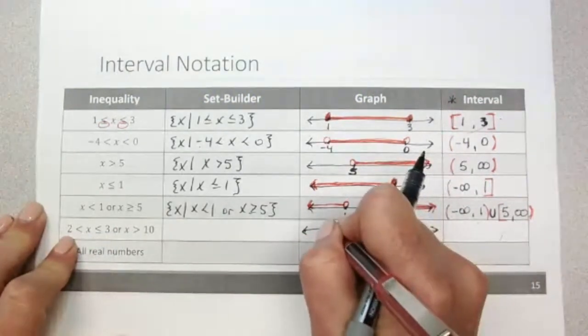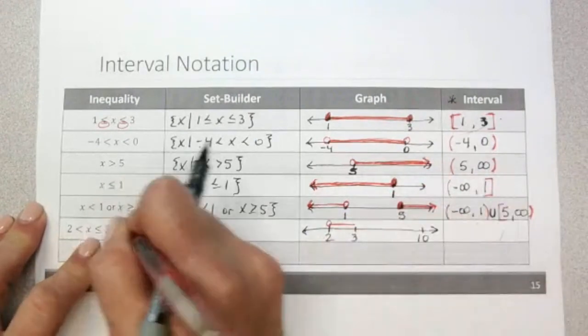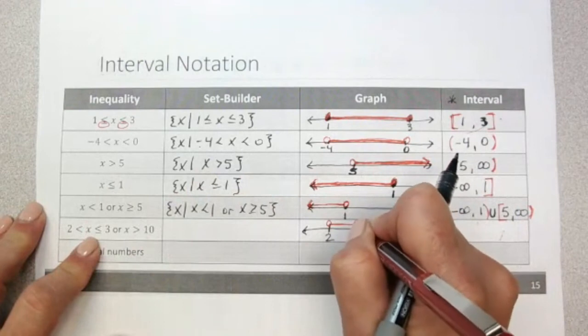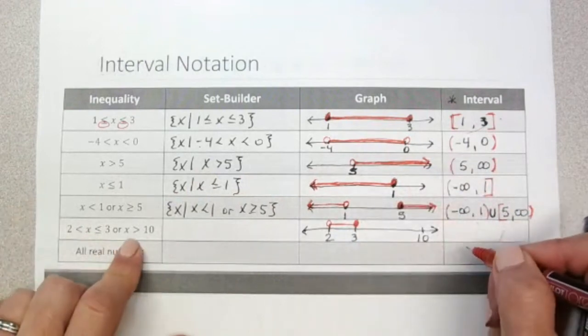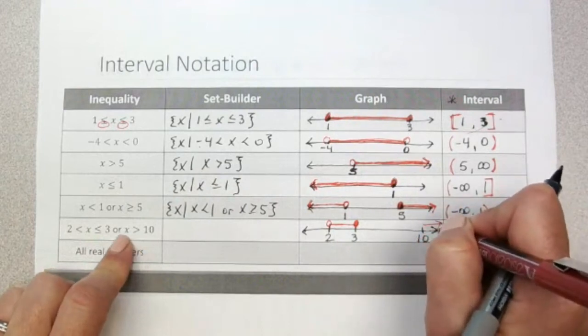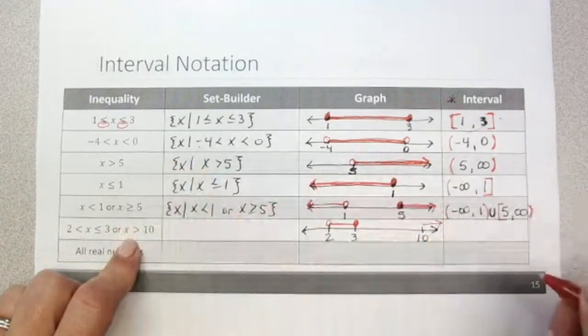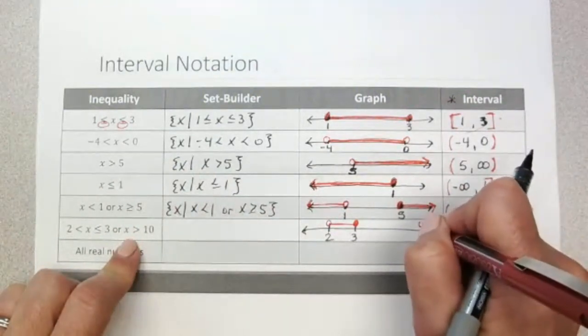Not including that 2, it's open at 2, so open circle. It's closed at 3 because we could include that actual value of 3, so close it there. And then my second part here is everything greater than 10, okay? So an arrow, not including that 10 though, we don't have the line under it, we don't have the or equal to, so that would be an open circle.